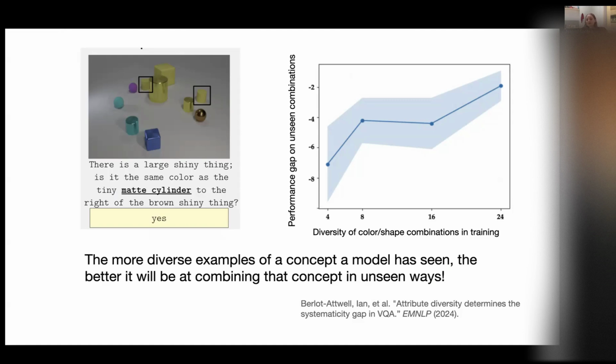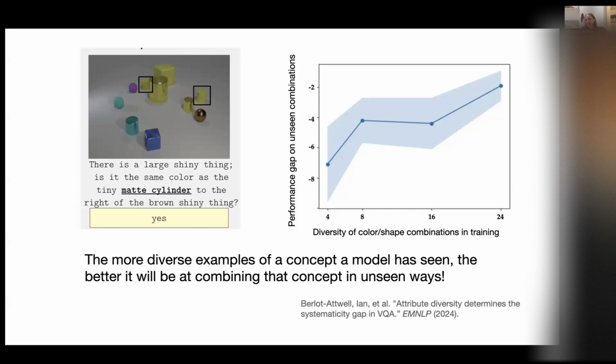And what we've seen, and you can look at this plot on the right, is that the more diverse contexts a color has shown up in, and the more different combinations you have exposed your model to while it's learning, the better it is at understanding something it has never seen before.